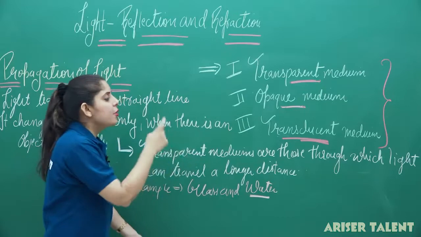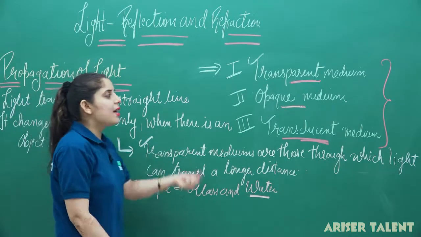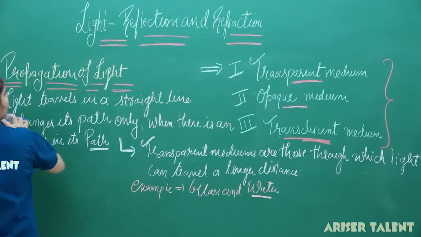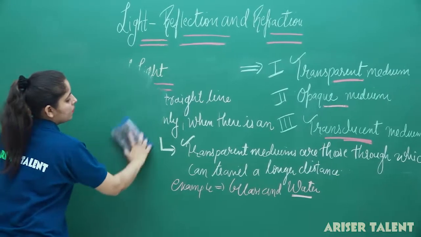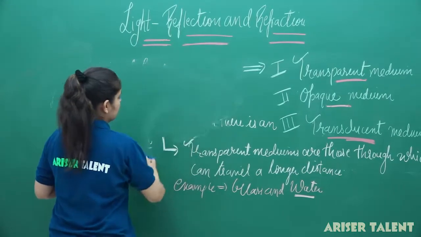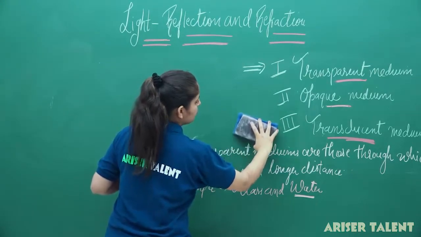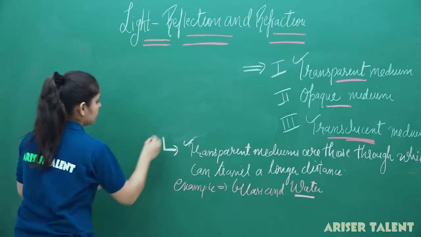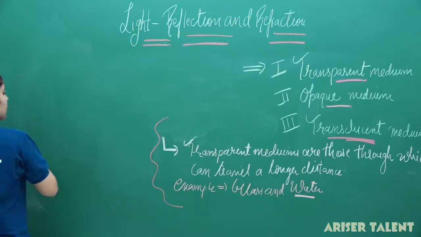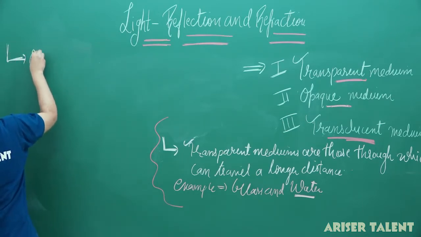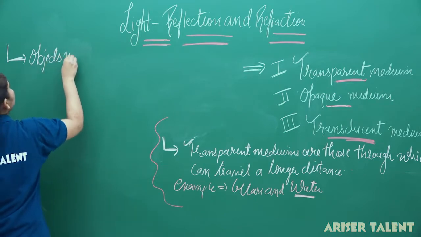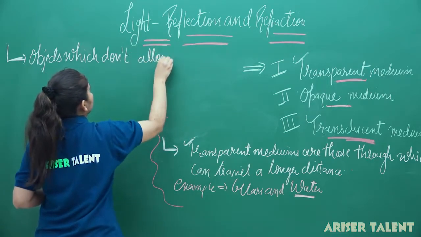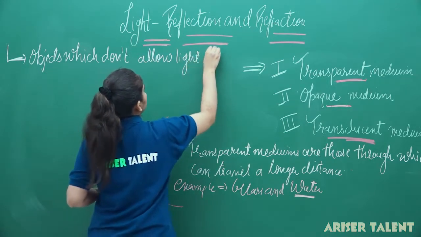Opaque objects do not allow light to pass through them.